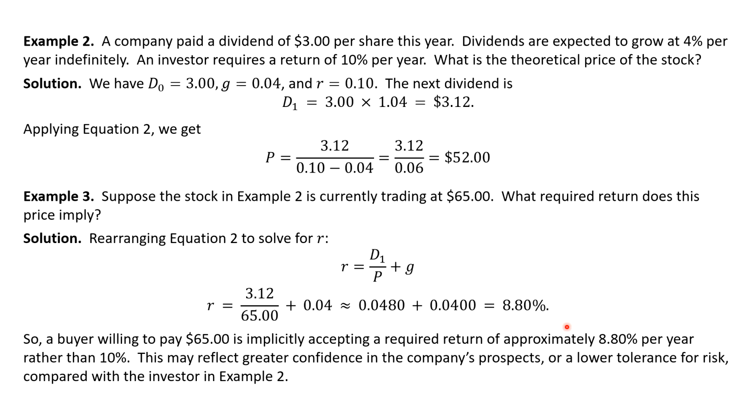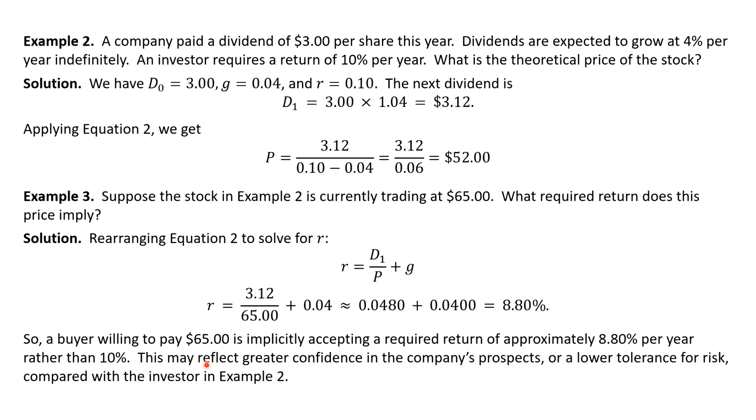So we get 8.8%. So a buyer willing to pay $65 is implicitly accepting a required rate of return of approximately 8.8% per year rather than 10%, which was the initial assumption.